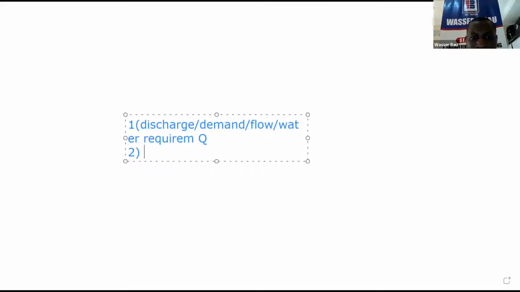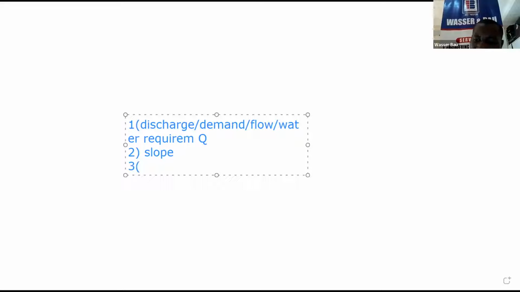The next thing you need to know is, what is the slope of that area? Then the next thing you need is to say, what type of pipe am I using? The reason you need the type of pipe is that you want to get what we call the frictional factor. So what kind of pipe am I going to use?